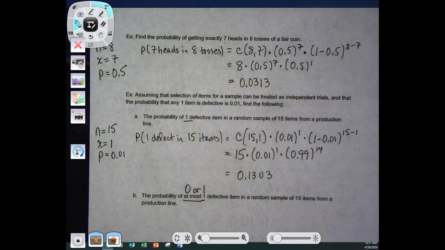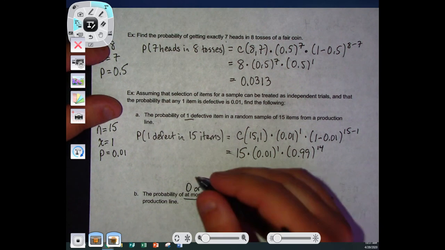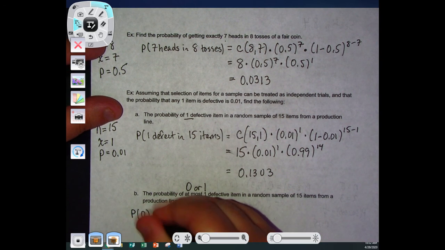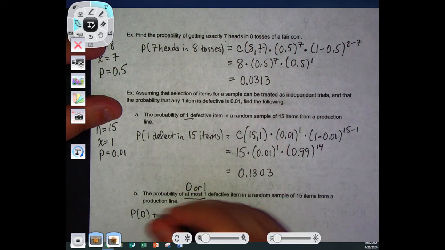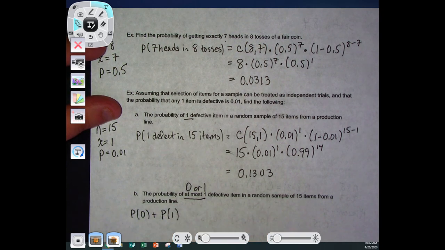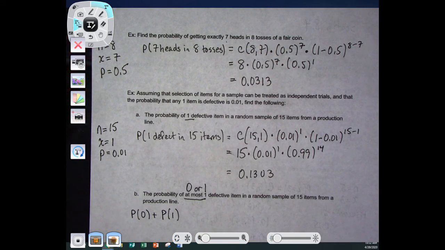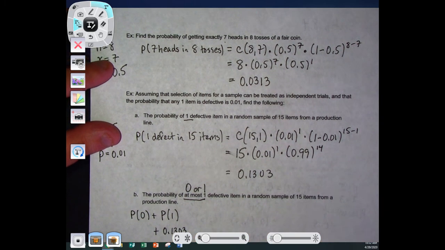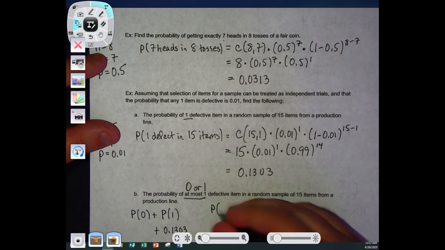So keep in mind it's an or. So what does that mean? Well, we have to find the probability of 0 plus the probability of 1. We already know the probability of 1. That's 0.1303. So now we have to find the probability of 0.